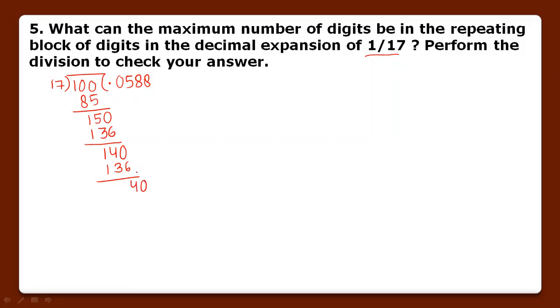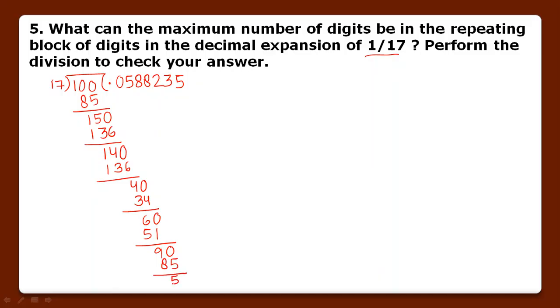We'll again take a 0. 17 2s are 34. We get the remainder 6. Again we'll take a 0 and 17 3s are 51. The remainder comes to be 9. We'll again take a 0. 17 5s are 85.